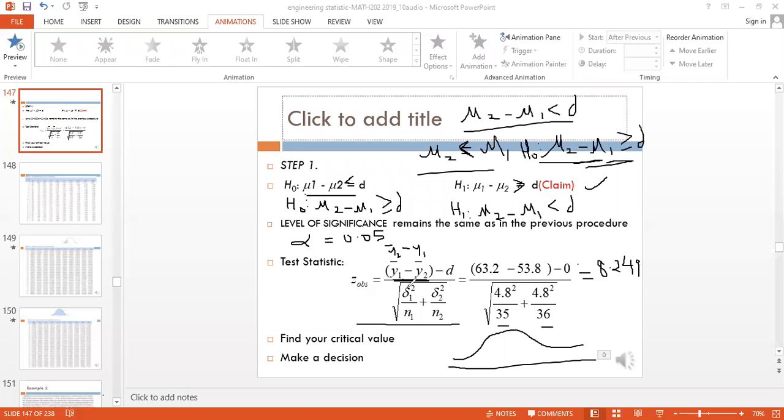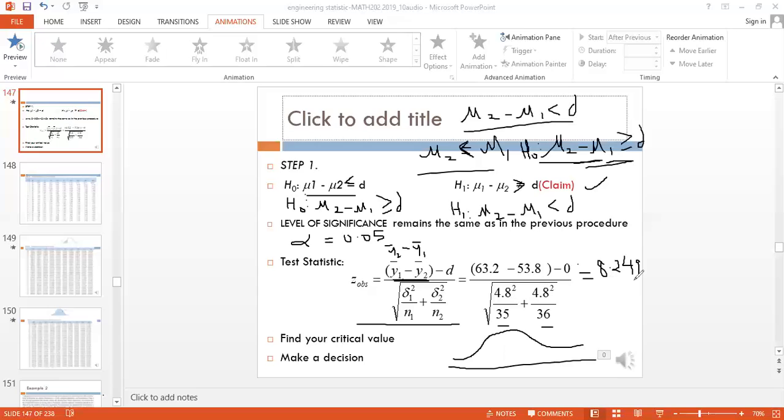And then this should be sigma 2 squared over n2 plus sigma 1 squared over n1. Anyway, addition is commutative, so that doesn't matter. But the numerator will matter a lot, because y1 minus y2 will not be the same as y2 minus y1.